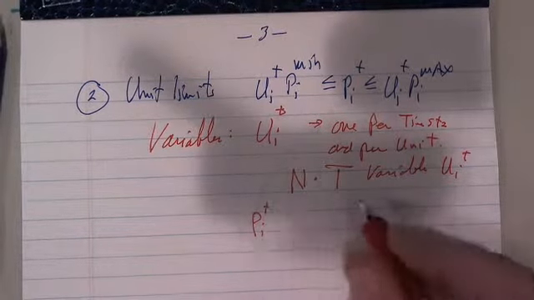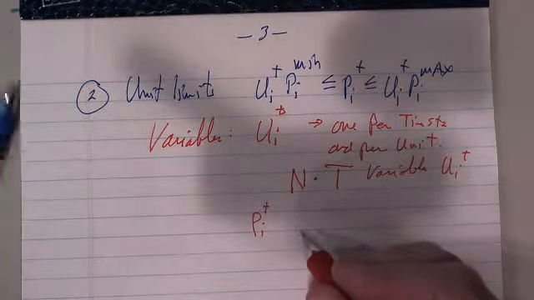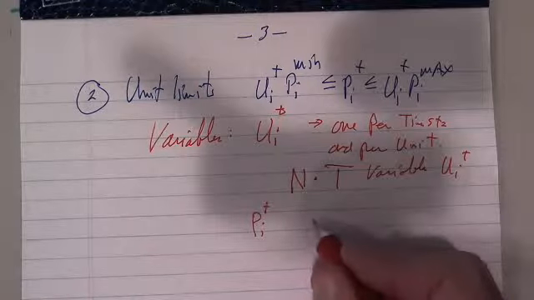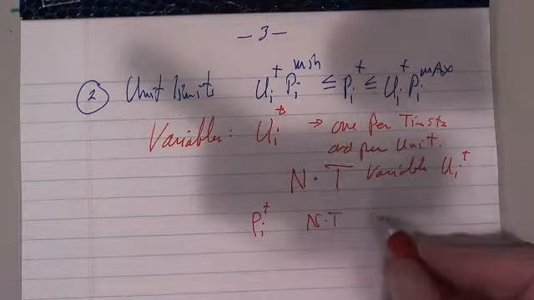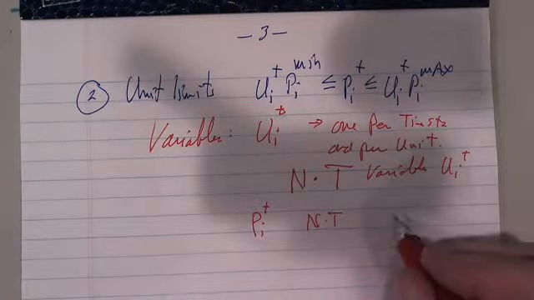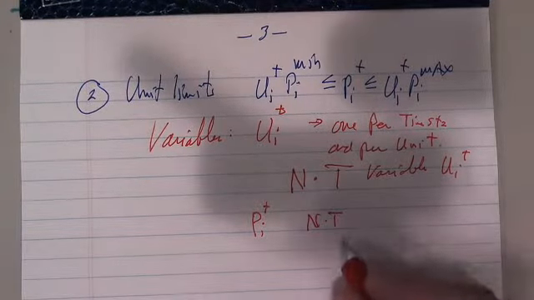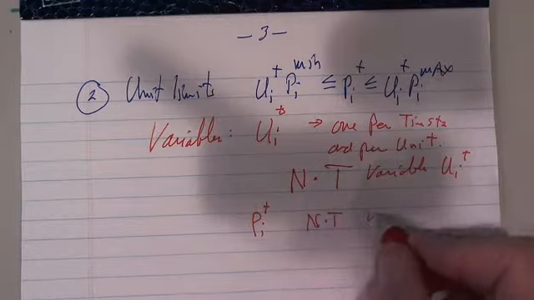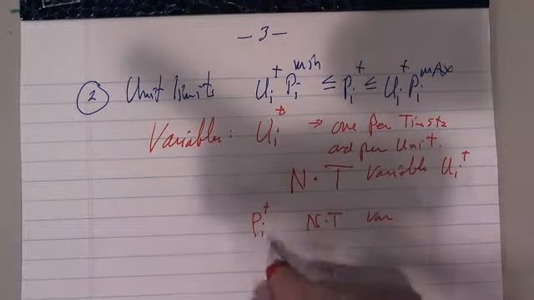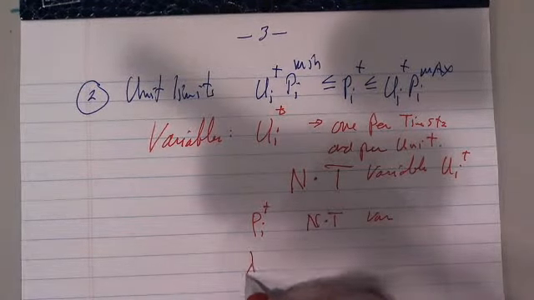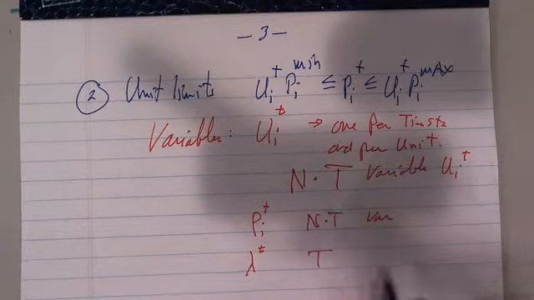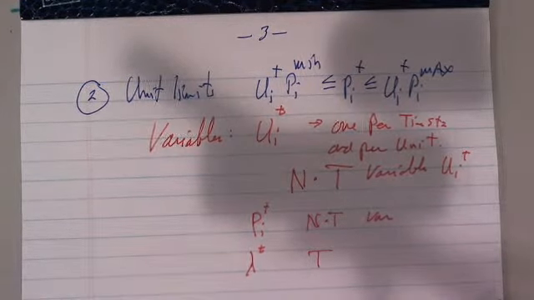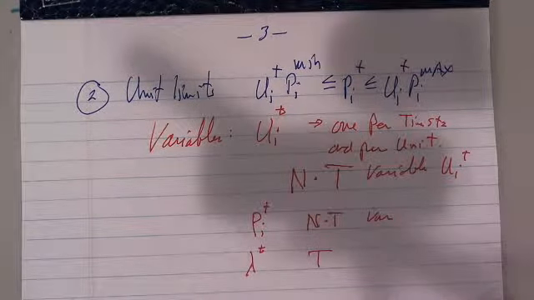Pi of T is the same thing: there are n times t of those variables, one per time step and per generating unit. So there's NT variables. Lambdas, later on, we're going to get lambdas. They only have a T, so there's only T lambdas. Lots and lots and lots of variables in this method.